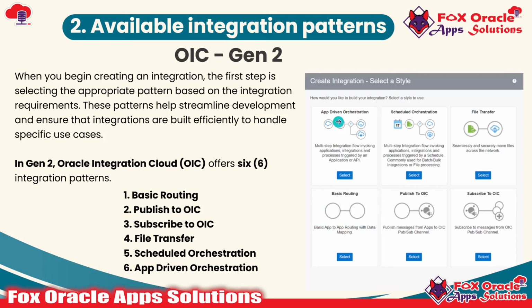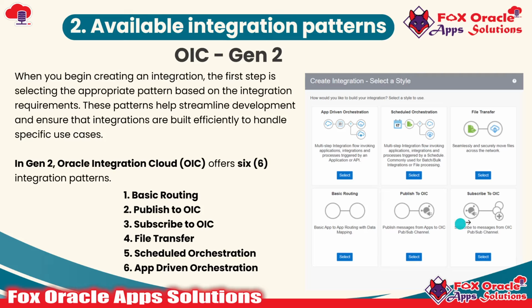All of this you can see is available in the app driven integration. When we are building app driven integrations, we can add the source and we can add the target, so both we can simply add. So whatever actions we can perform in the basic route, we can do the same in the app driven integration. That's why there was no reason to keep a separate integration pattern available, and in generation 3 they removed the basic route.